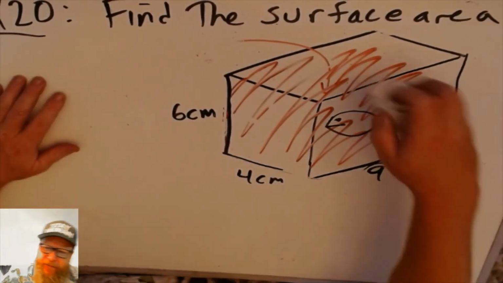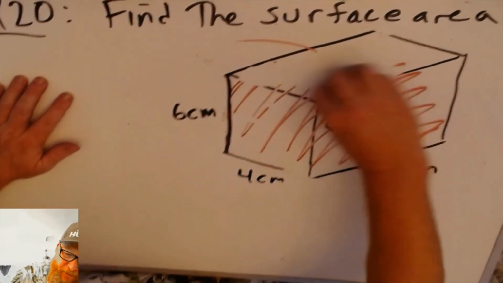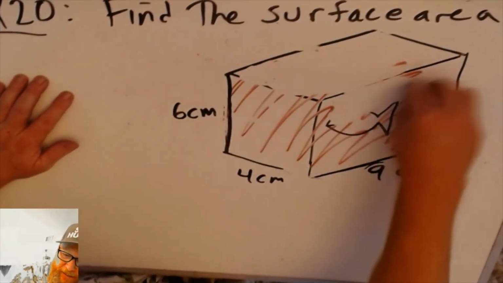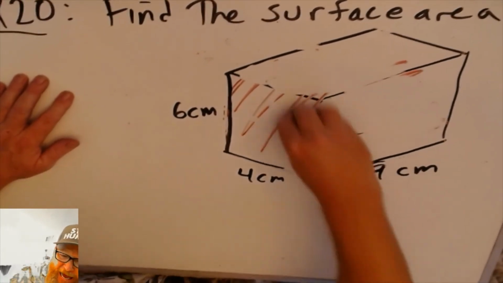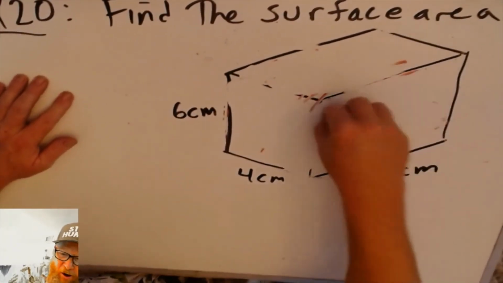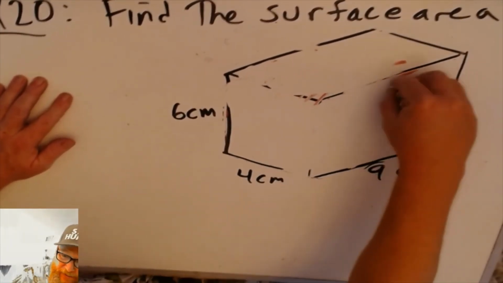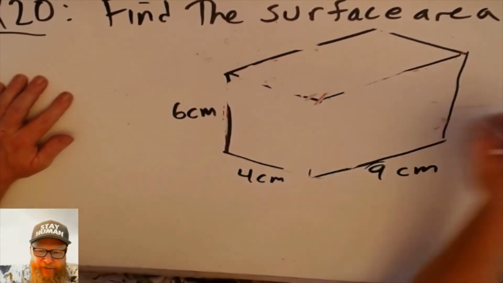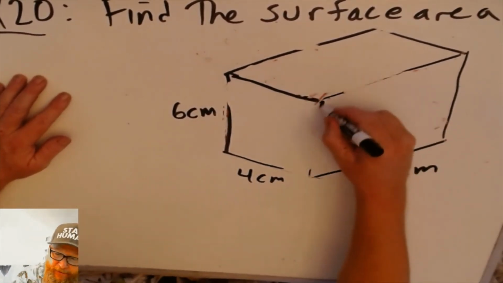Now this one's going to be a little trickier. The surface area would be like if this thing were made out of glass, all 6 pieces of glass.